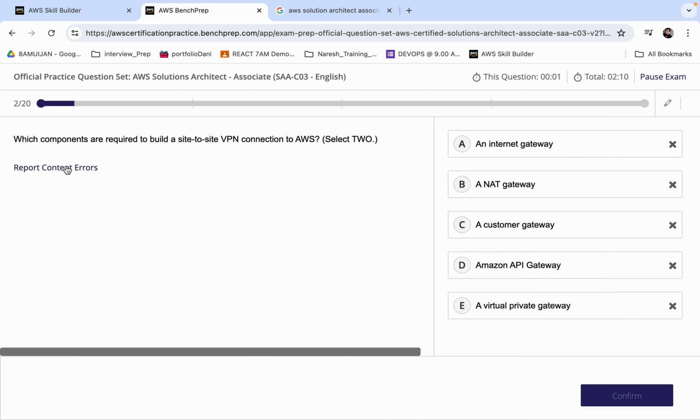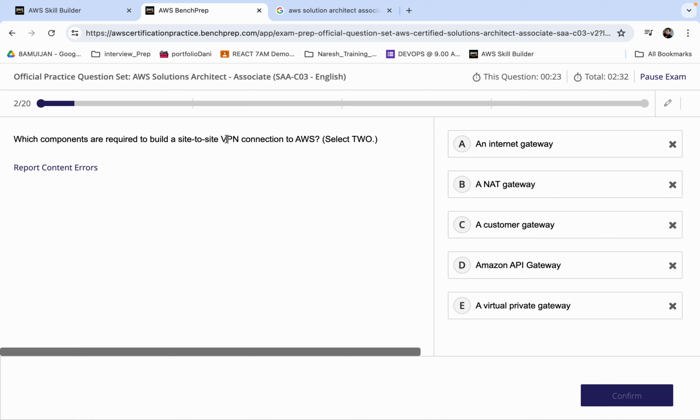The second question is, which components are required to build a site-to-site VPN connection to AWS? This is also very easy. If you have already gone through site-to-site VPN connections, Direct Connect, and all the connections in AWS, you can easily answer this also. They are asking you to select two.